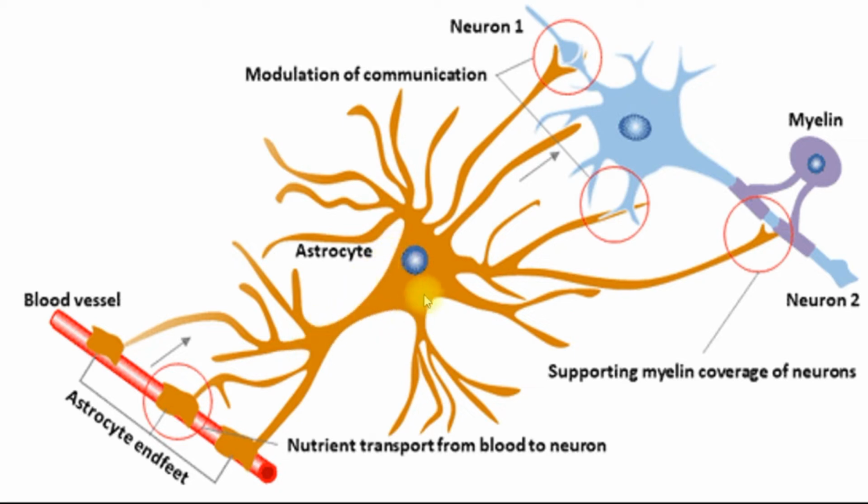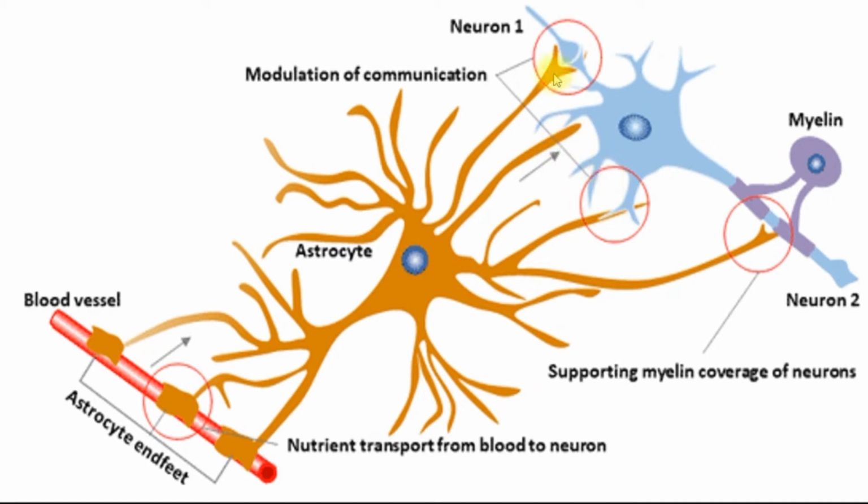Here we can see the astrocyte provides support of neurons, it maintains them, and it also provides nutrition of neurons. Here we can see a blood vessel or capillary, and astrocytes have foot processes, they surround blood vessels, and on one side they maintain blood vessels. And they uptake some nutrients from blood vessels and bring them to neurons.